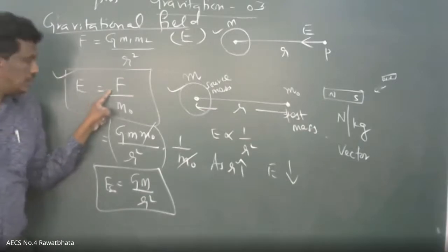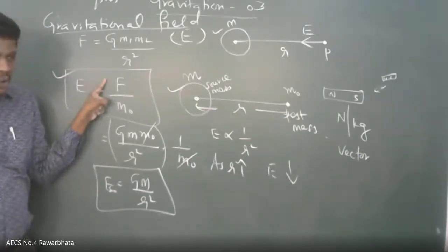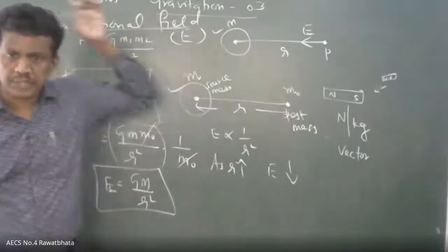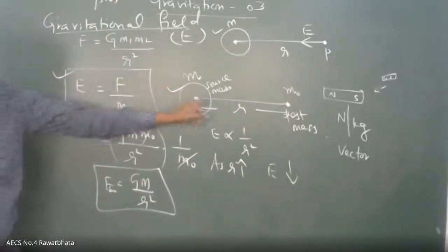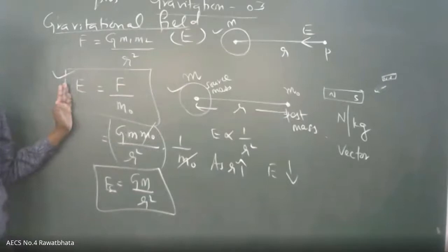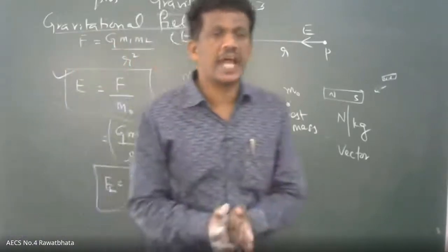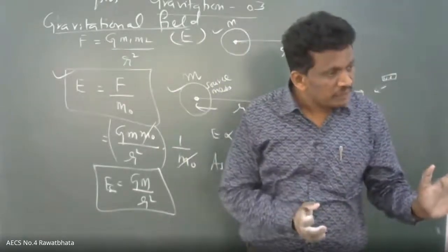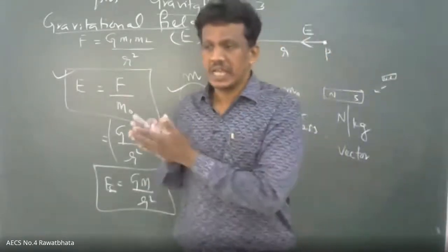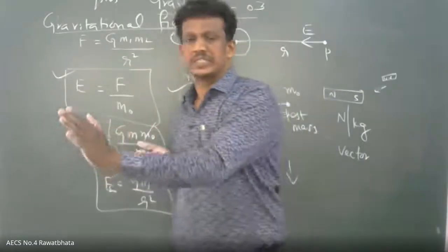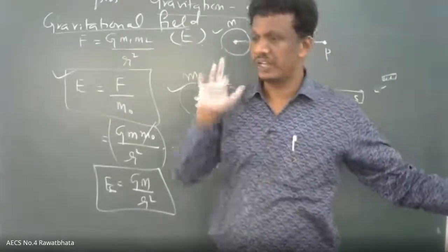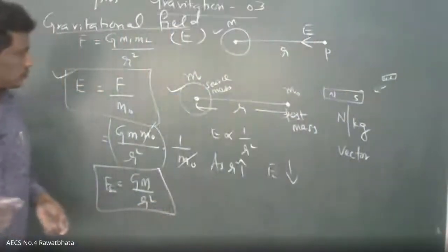Definition: it is defined as the gravitational force experienced per unit test mass placed at that point. Is it clear now? It is a vector quantity. If it is a vector quantity, what is the direction? Towards the source mass, because it is always an attractive force. That's why towards. If you had a repulsive force, it would be away. That's simple. Please note down all of this.